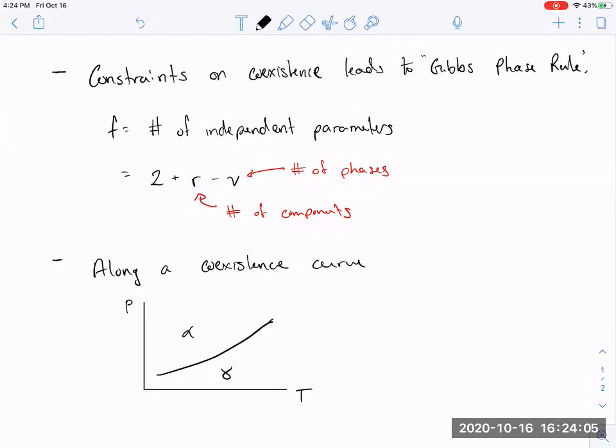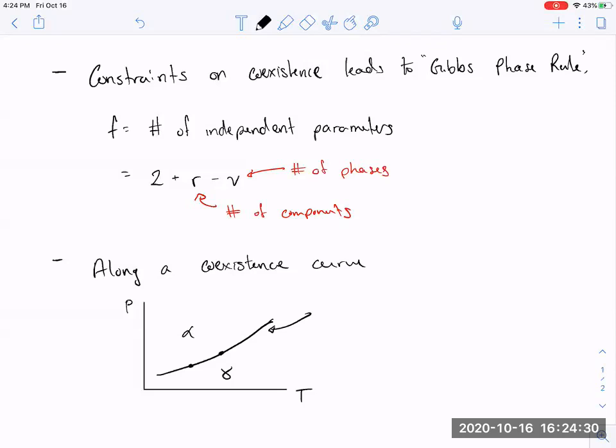We also arrived at a condition that has to be satisfied along that line, because not only does the chemical potential of both phases have to be the same at a point on that line, but to move along that line means that the changes in the chemical potentials of both phases have to be the same.